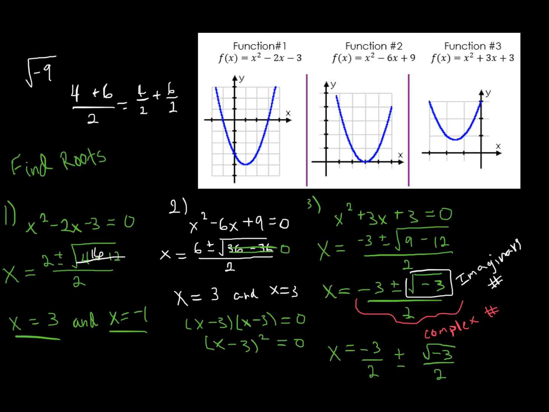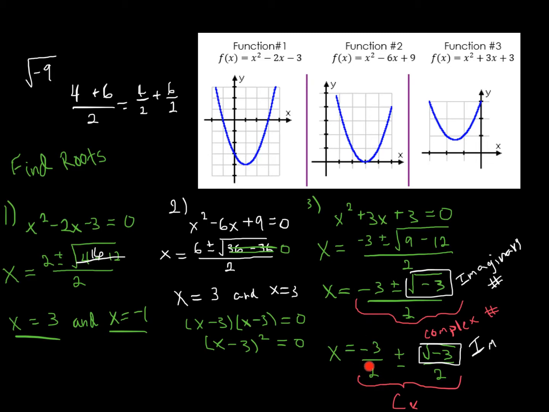Now remember, this part here is still imaginary. I'll use IM for imaginary. And this solution here, this whole thing, is still complex. I'll use C for complex, or CX for complex. And so what we see here is that even though we have this imaginary piece, there are still two possibilities.